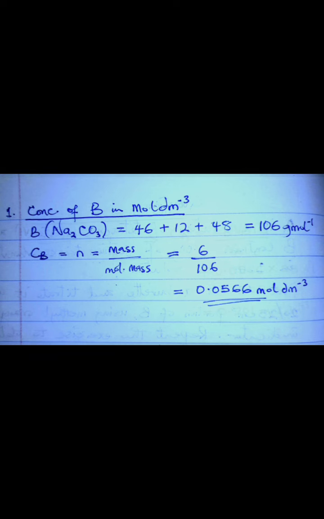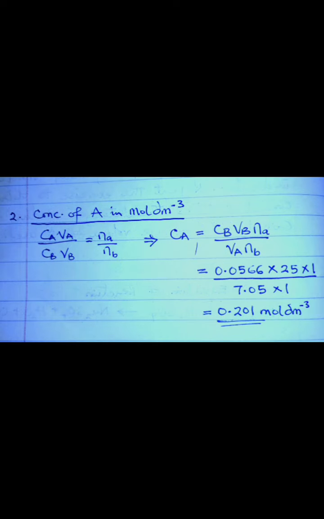So question 2 says we should find the concentration of A, which is the acid, the tetraoxosulfate 6 acid, in mole dm cube too. Now we're going to use the formula CaVa all over CbVb equals Na all over Nb, and we'll make Ca the subject because the concentration of A is Ca.